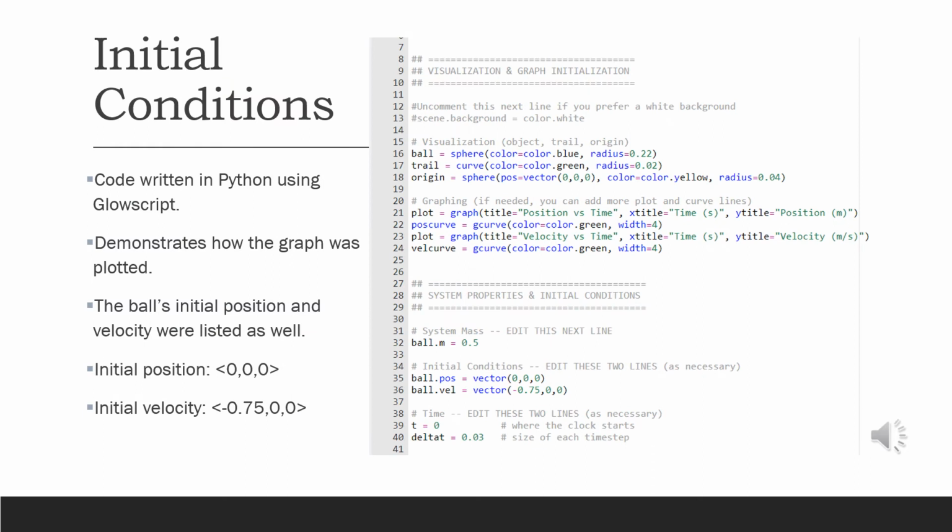The code was written in Python using GlowScript, and the initial conditions of the computational model are shown. In particular, I set the mass of the object to 0.5 as I wanted it to more closely relate to the mass of what I actually used for the lab. I also set the original position of my object to a vector with components 0, 0, and 0, and I set the initial velocity of the object to a vector with components negative 0.75, 0, and 0.